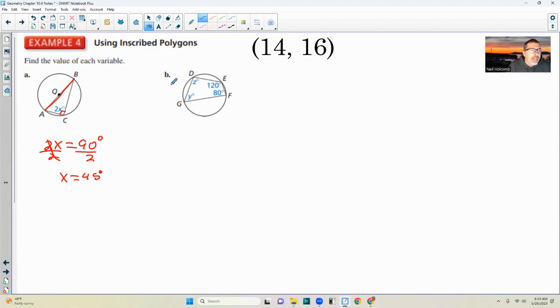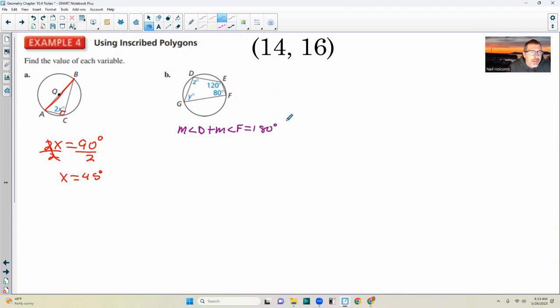Okay, so now we have a quadrilateral. Remember what they said: opposite angles are supplementary. So I'm just going to set up two equations right now. The measure of angle D plus the measure of angle F equals 180 degrees.